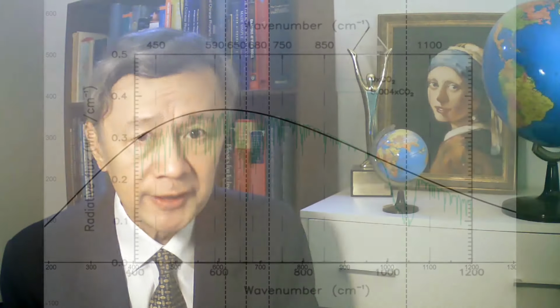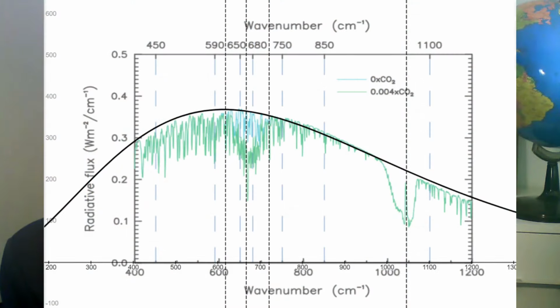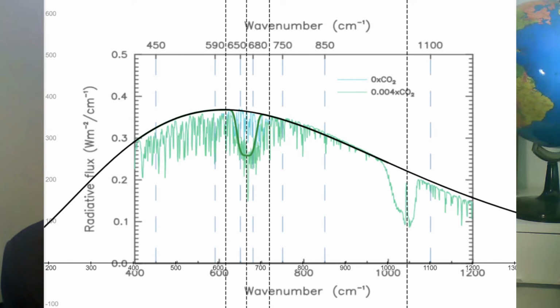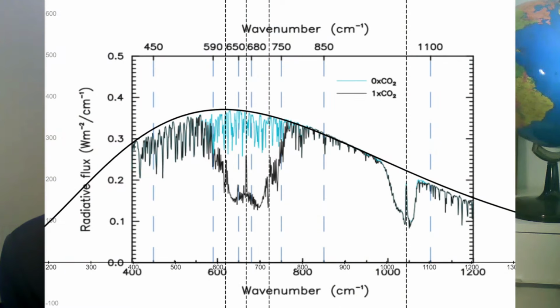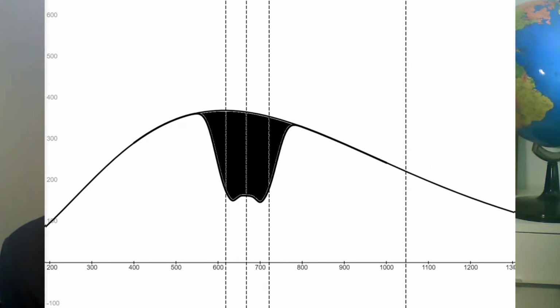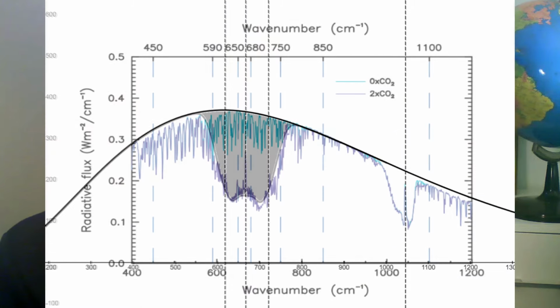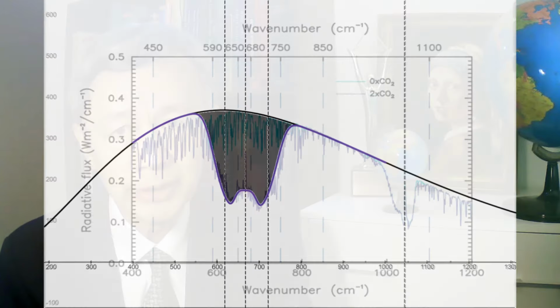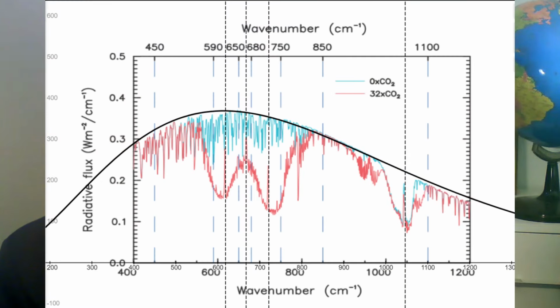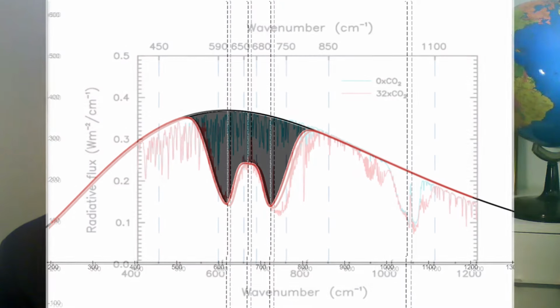Here is the lowest CO2 level they used, superimposed by my model and my model only. The pre-industrial CO2, 285 ppm. 2 times 285 equals 570 ppm. And 9,120 ppm.